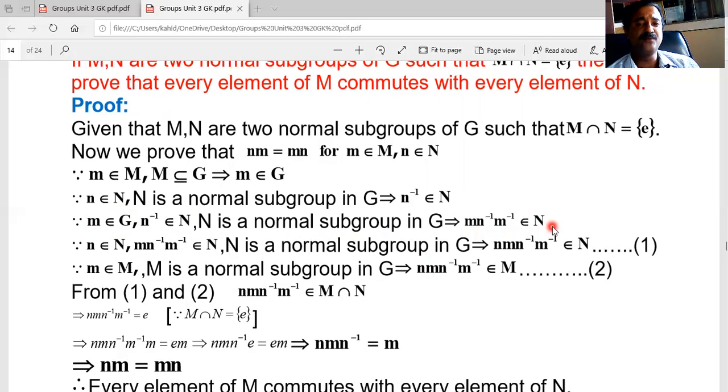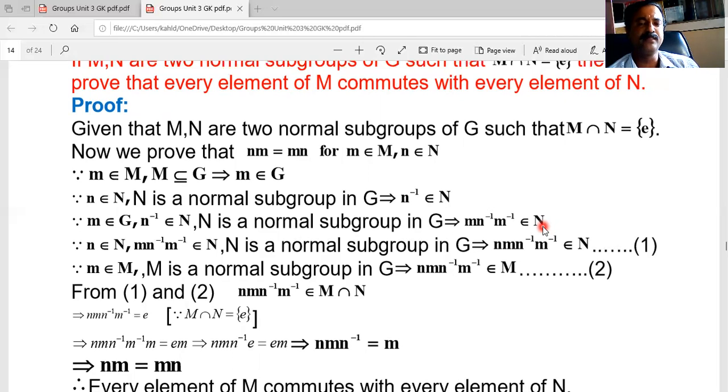Students, all of you must learn the definition of normal subgroup and understand the definition of normality, and you have to learn it very thoroughly, and after that only you can understand whatever theorem and whatever proof you have learned in these 10 theorems, and this is the 11th theorem.